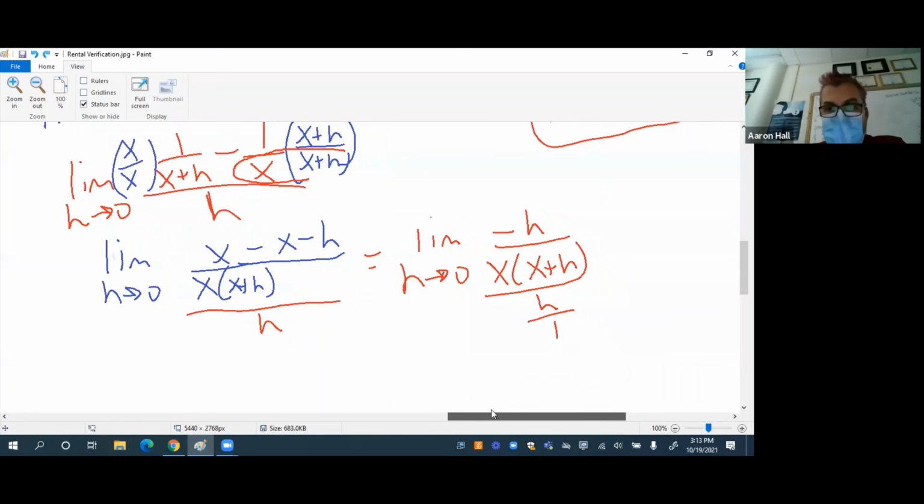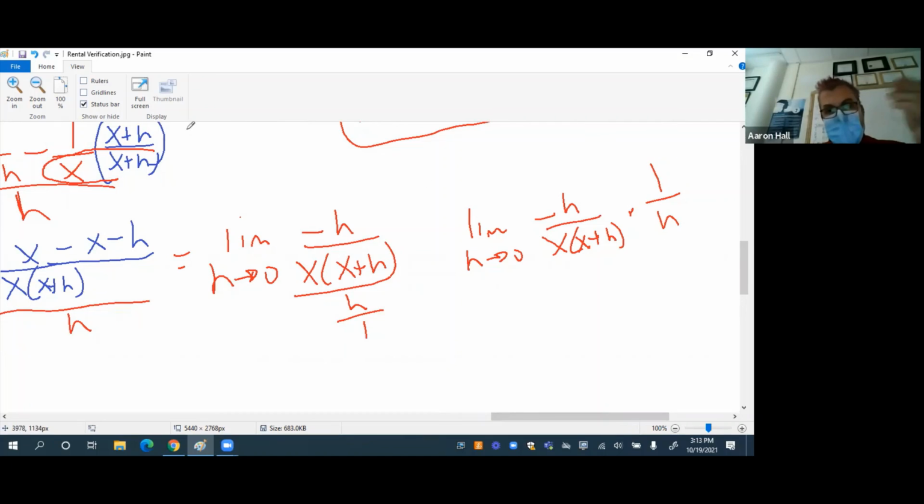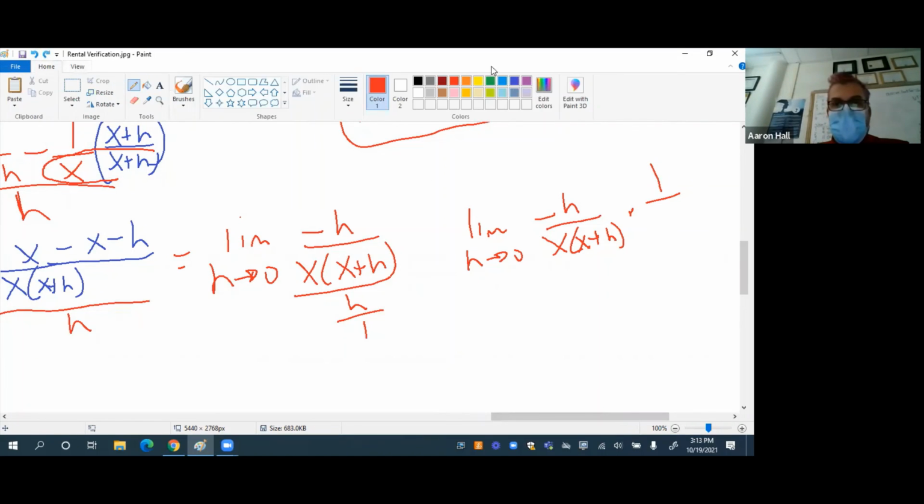Okay, if I do keep change flip, so I have the limit as h approaches 0 of negative h over x times x plus h times 1 over h. Now what? Cancel the h's, correct. Let's cancel the h's. That goes away.